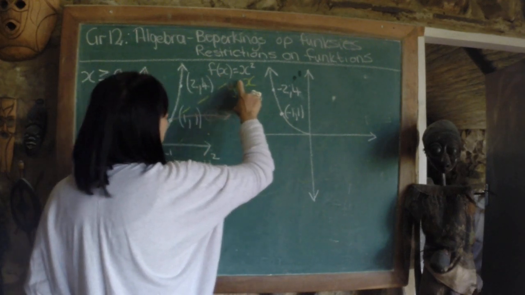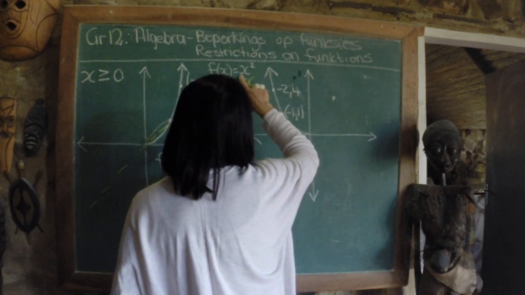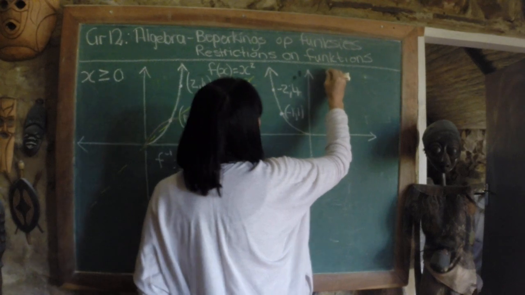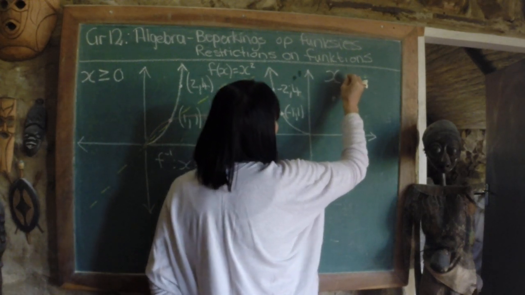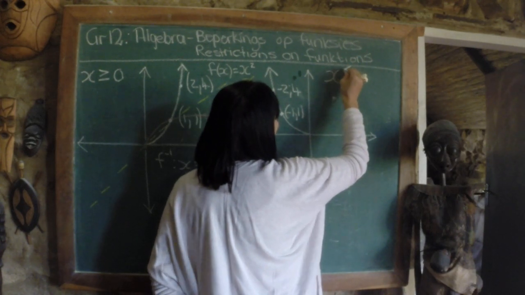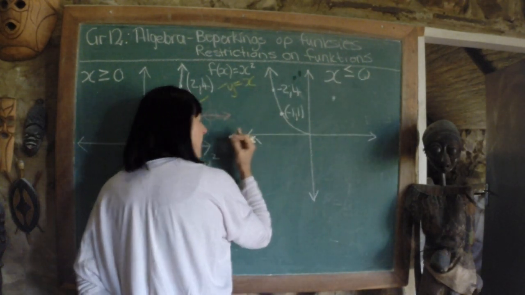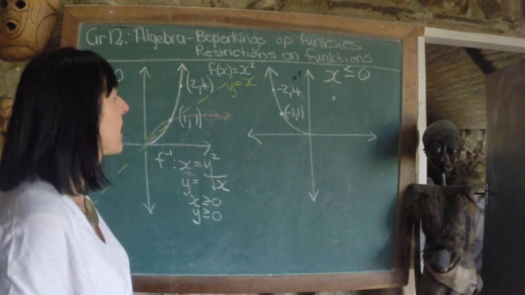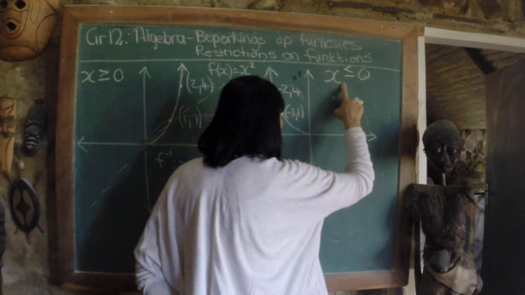And I restricted this function by doing what? It's only the function that's been drawn for where x is smaller or equal to 0. That part. Dit is nou ek het hom beperk deur dit te doen.